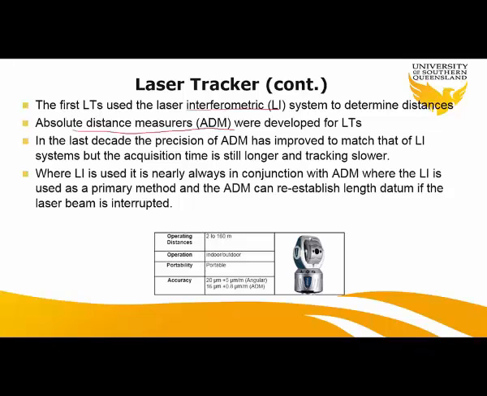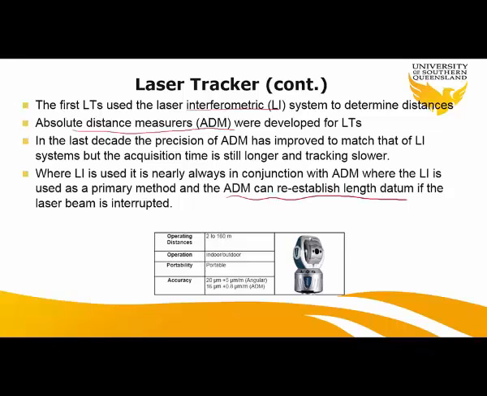So how it works in laser tracker: it uses the absolute distance measure to measure the datum distance, and then if you have any loss of line of sight, blocked or interrupted for any reason, then you can reestablish the datum using the ADM. Good. And then you measure the relative changes using the laser interferometric system.